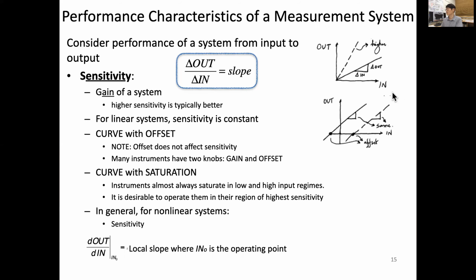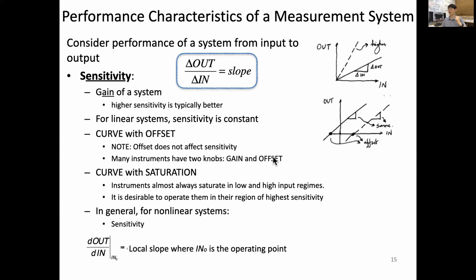For example, the same curve, we can offset this curve. And remember, the offset is just changing the y crossing or x crossing, okay? Which means the slope or sensitivity will not be affected by offset. So many instruments, in fact, have 2 knobs, a gain and an offset. Offset is used, let's say, to make the background 0.